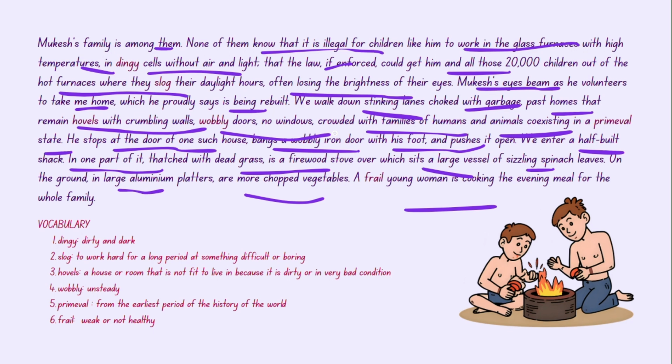If the law was enforced properly, these 20,000 children and Mukesh would be made to stop working in these hot furnaces, where they work throughout the day in such darkness, which results in them losing their eyesight because they have to work such long hours in that place without air, without light, in such high temperature.